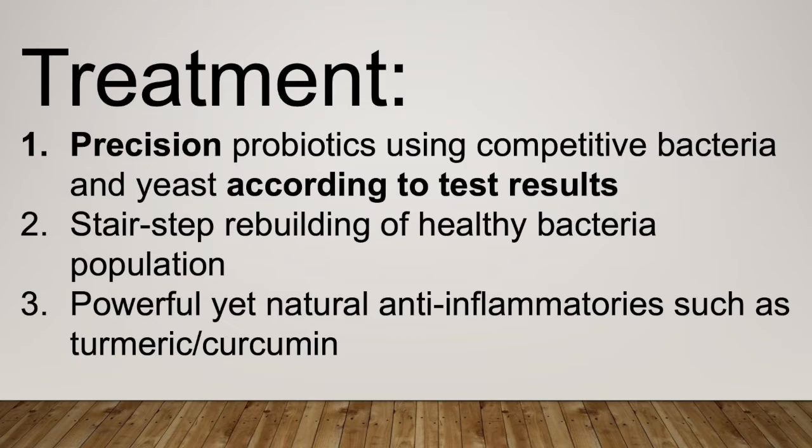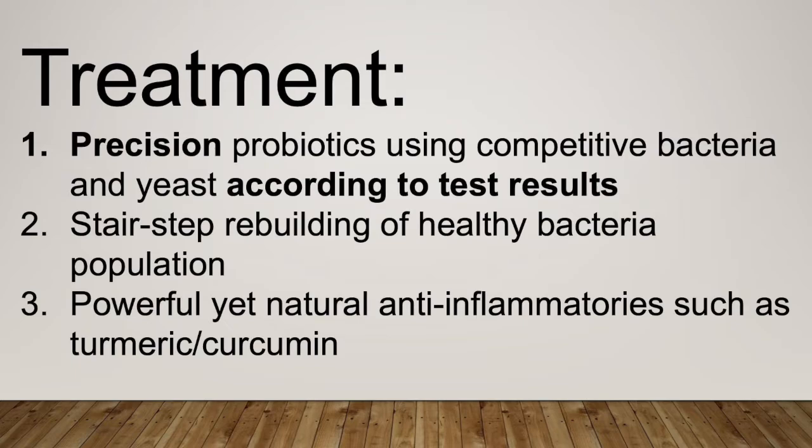Number one, precision probiotics using competitive bacteria and yeast according to test results. It is crucial. Don't guess, test. Get the right information about what bacteria are overgrown, what yeast are overgrown, then use competitive bacteria. Can you see the crucial need for testing and not guessing?